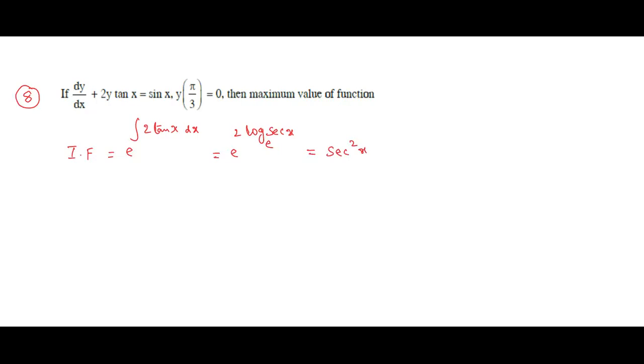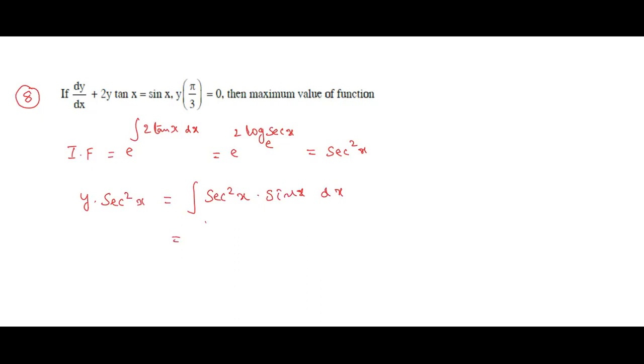Now write the solution: y into integrating factor, secant square x, is equal to integration of secant square x into sin x dx. Secant square x means how to write, secant x into secant x, and secant x is 1 by cos x.